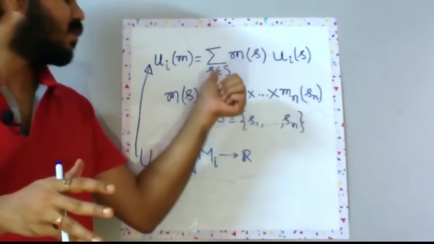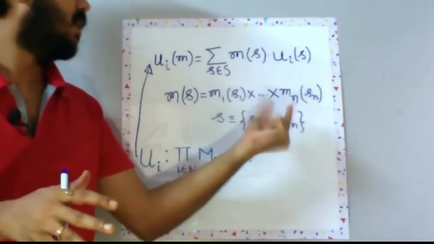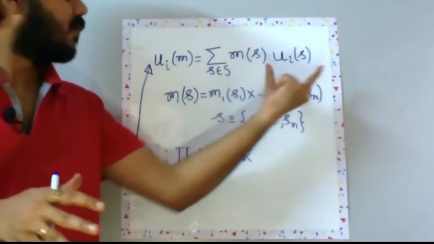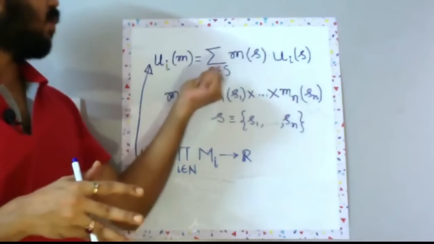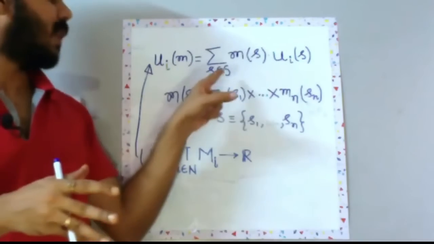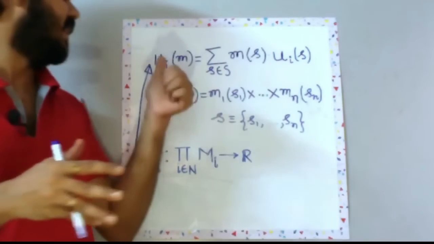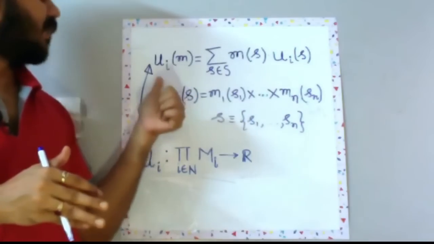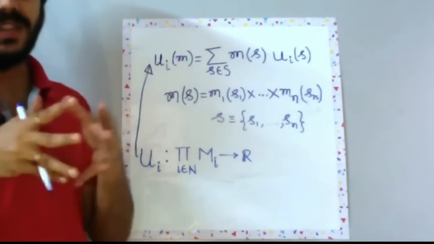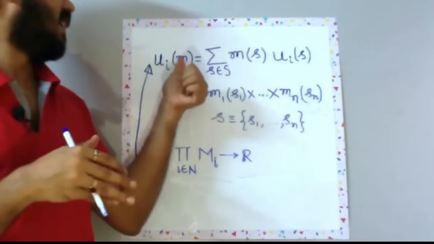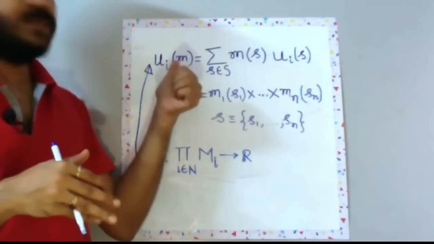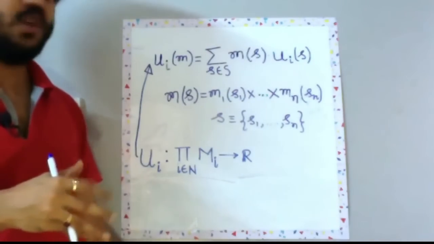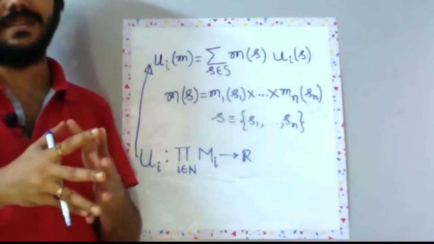Then I multiply this probability with the utility of that strategy combination, and if I sum it over all such small s which belong to capital S, I'll get the utility for player i, given he is part of a game which is played with this set of probabilities small m over my pure strategies of capital S_i.